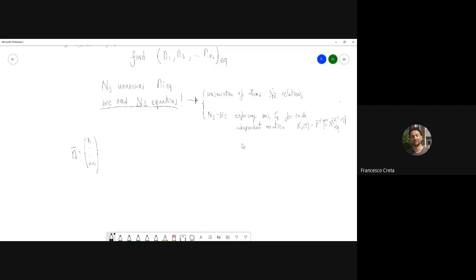It cannot be anywhere in the R^NS space, but it needs to be restricted, or it's subject to a constraint, which is the conservation of elements.